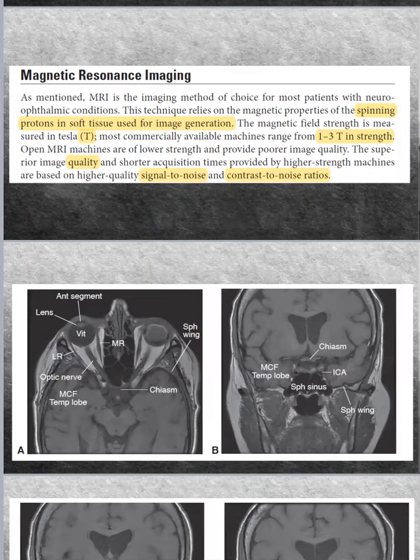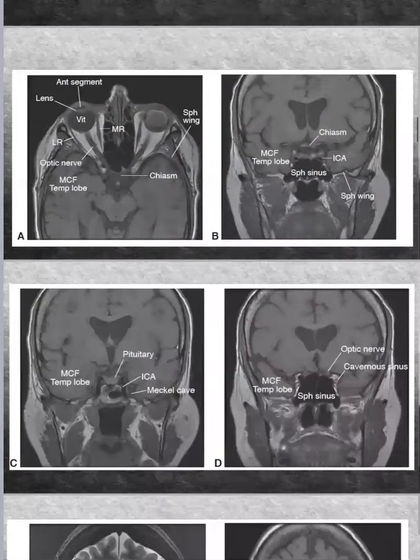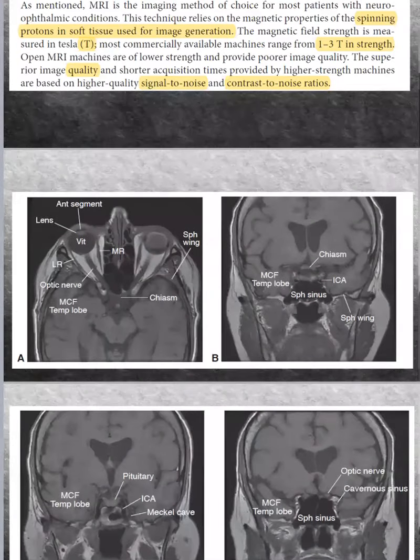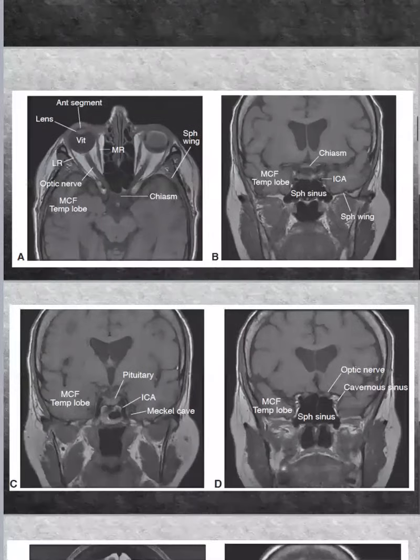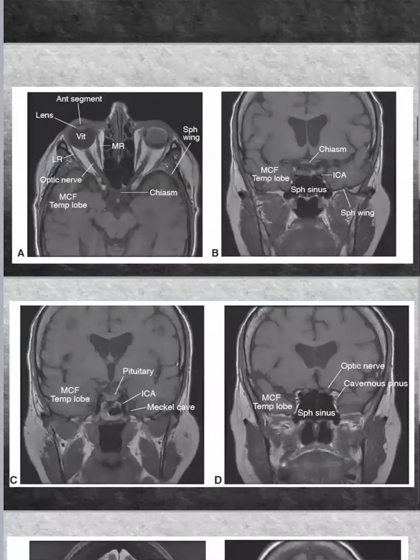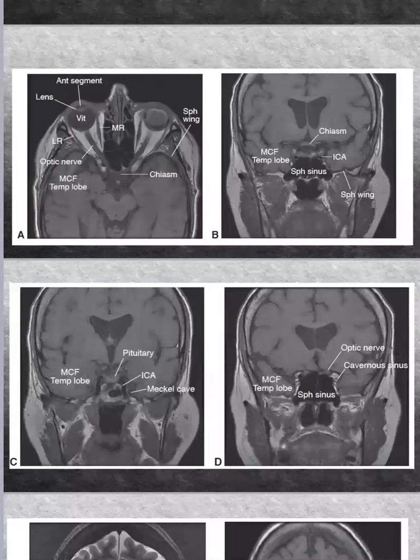If I have a lot of noise, I'll have poor quality or poor resolution. But if I have these ratios larger, I'll have better quality. I guess this is logical. If I have less noise, I'll have good quality. This is extremely logical.